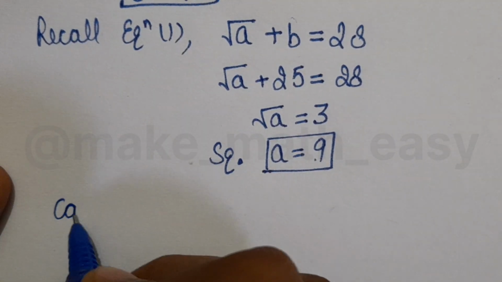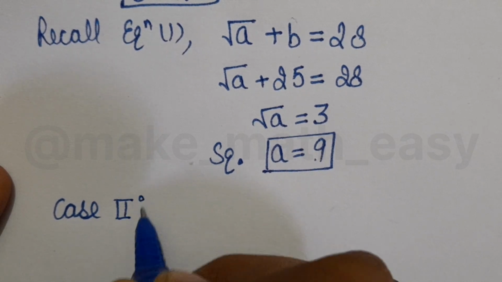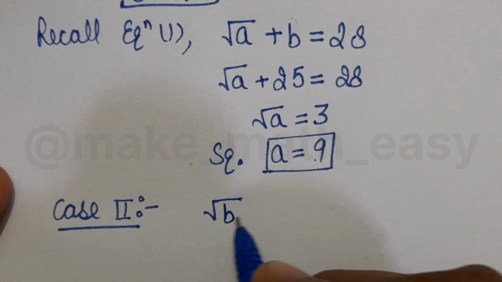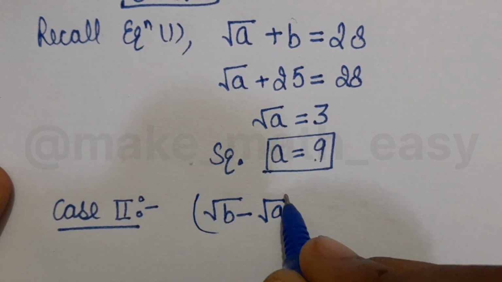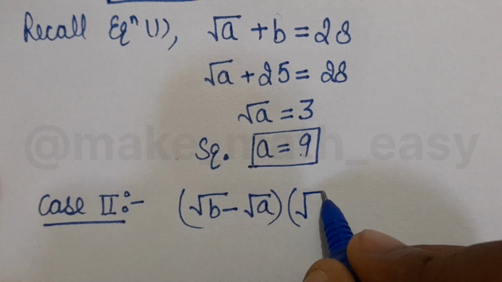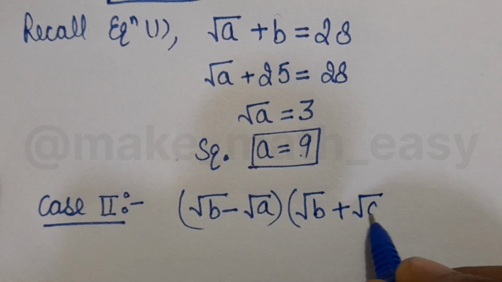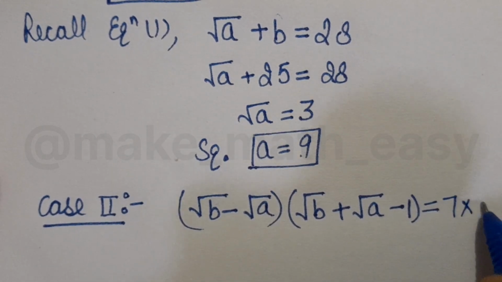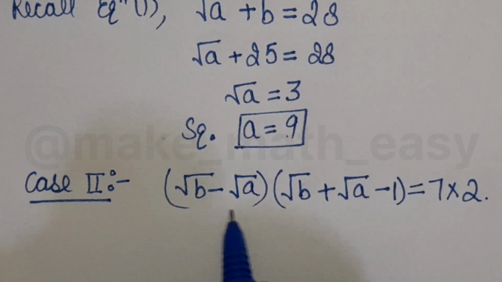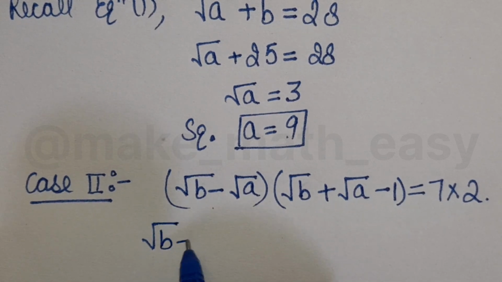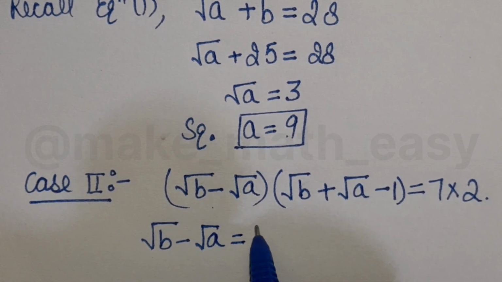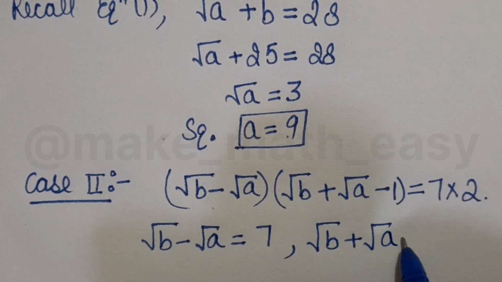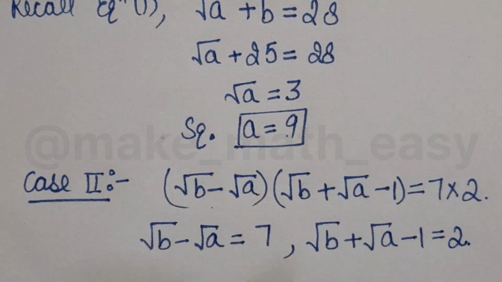Now taking case 2, which is root b minus root a into root b plus root a minus 1 equals to 7 into 2. So again, on comparing, root b minus root a equals to 7, and root b plus root a minus 1 equals to 2.